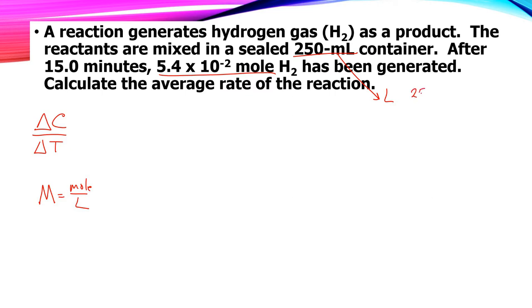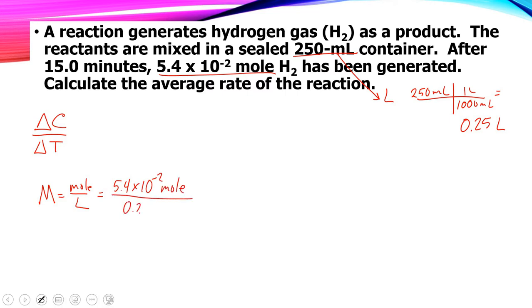So I'm going to take my 250 milliliters, and I know there's 1,000 milliliters in 1 liter, so I'm going to end up with 0.25 liters. They gave me moles, so I'm going to put that here, 5.4 times 10 to the negative 2 moles. I'm going to divide it by 0.25 liters. What do we end up with for the concentration?